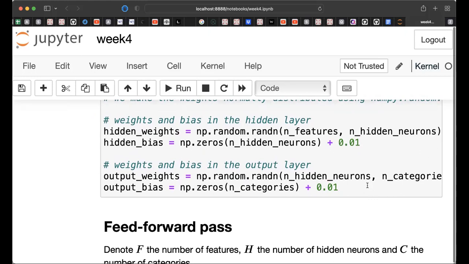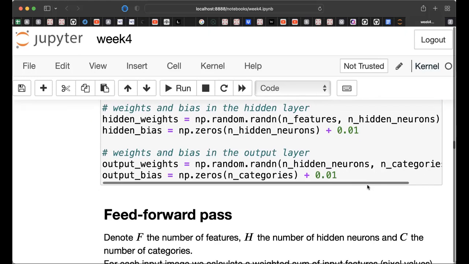Because if you don't have this hidden bias, which is different from zero, the network may actually stop even in the feed-forward stage. And then finally, we do the same thing. We initialize the weights and the biases for the output layer in the same way, except that the dimensionality is smaller.